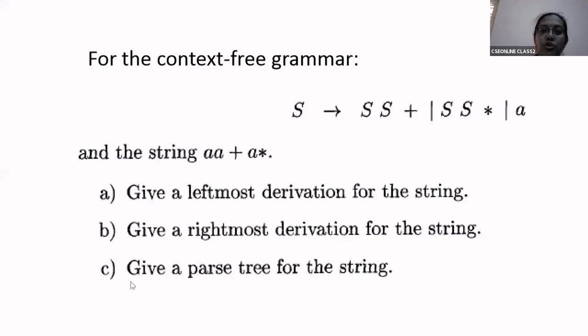And what you are supposed to do with this grammar? You know what is LMD, what is RMD, and how to construct a parse tree using LMD and RMD. So this is one of the assignments. Next class when you are coming online, you are supposed to solve this problem and keep it ready. I'll be giving you some more problems.